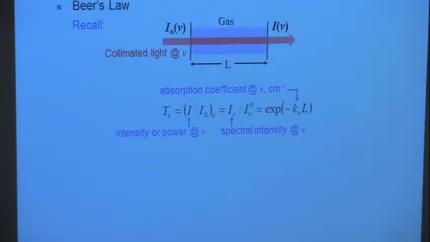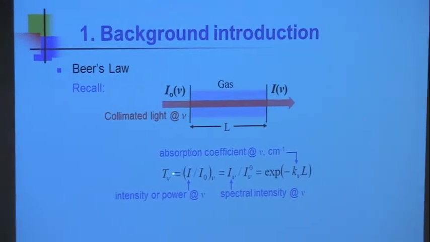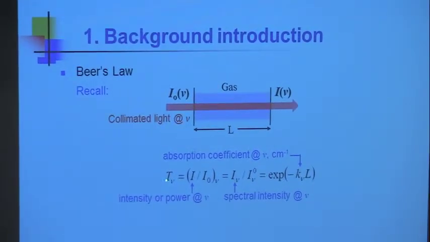Remember, this is where we were before. This is the fractional transmission of light at frequency nu, monochromatic light, given by this exponential decay law, where we typically assume that the properties of the gas are uniform over some length L. So this is for a uniform medium, path length L, and buried in K is all the information, all the physics, and the sensitivity to a particular species and quantum state.